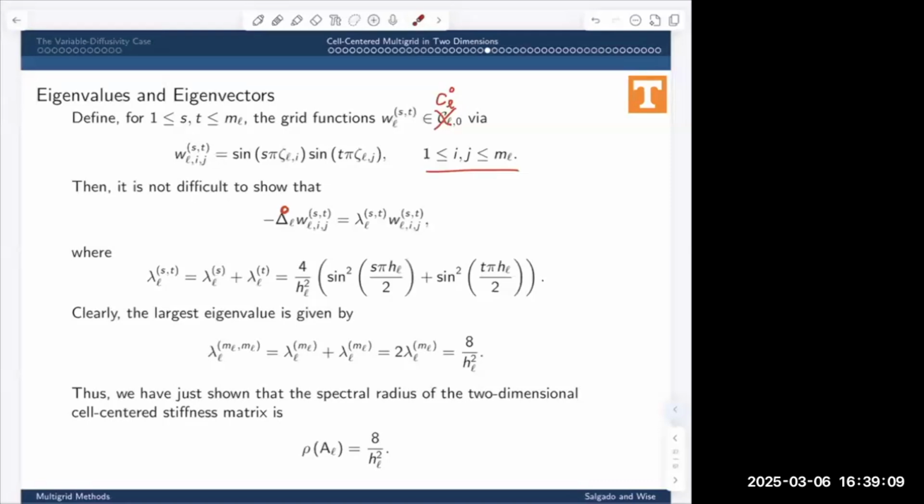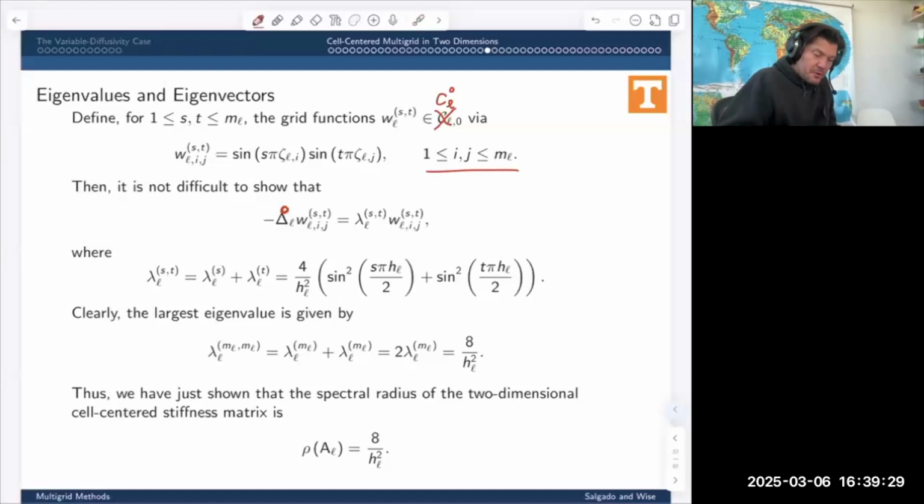Quick question. I know that we defined the number of cell-centered grid points to be Q times 2 to the L. So does the eigenvalue depend on Q here? Let's see.